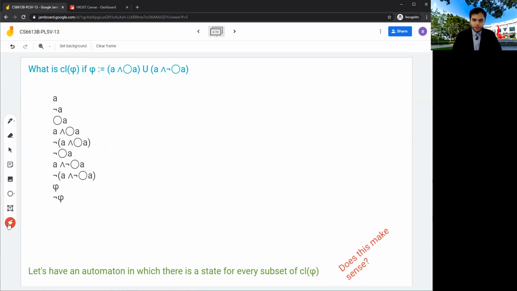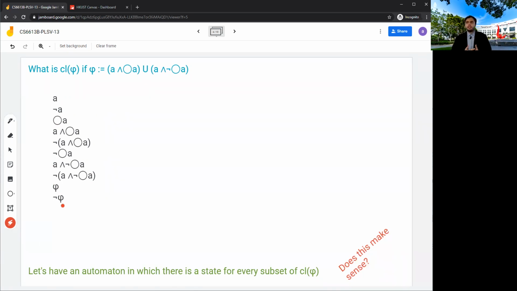Okay. So what do I want to do now? I want to have an automaton such that every state of my automaton is a subset of these formulas in the closure. So to every state of the automaton, I assign a set of formulas, maybe more than one.